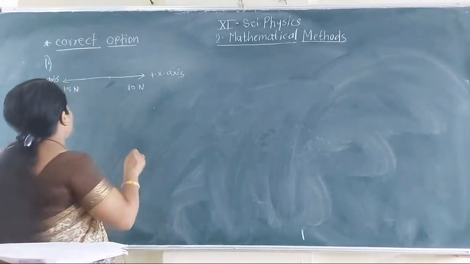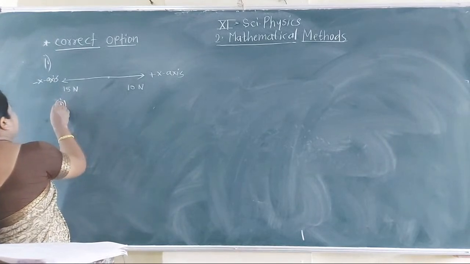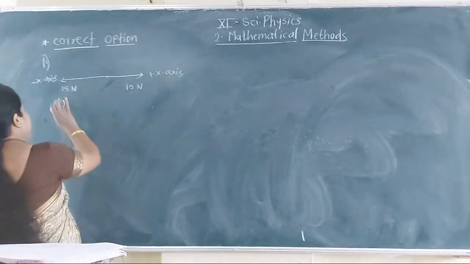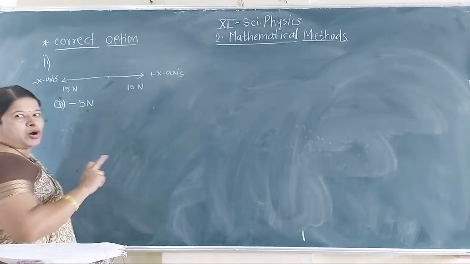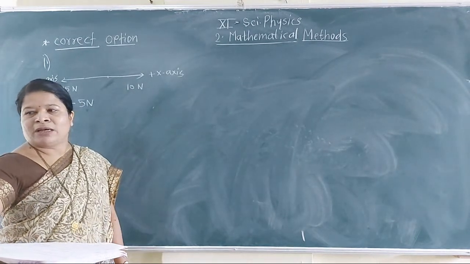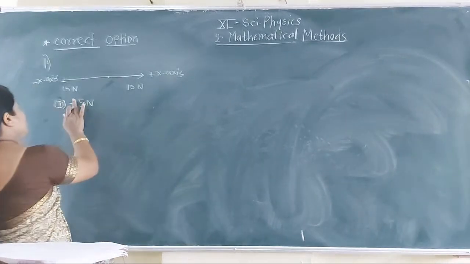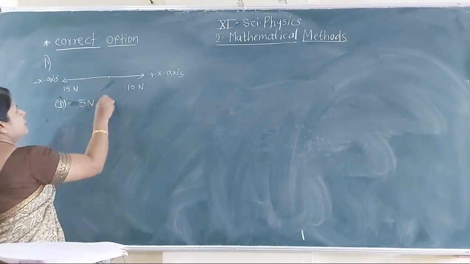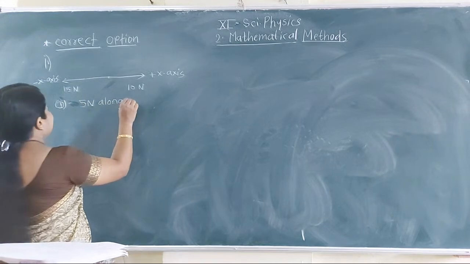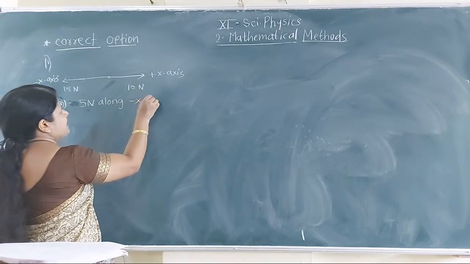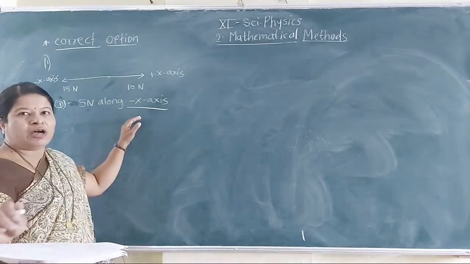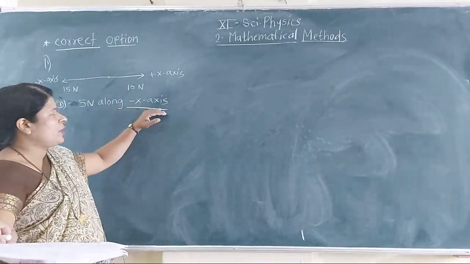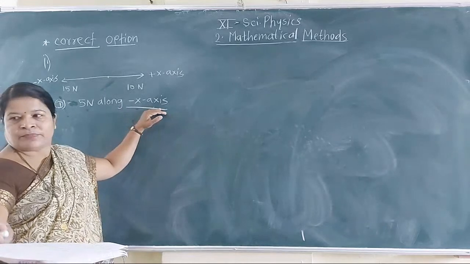The answer of this first MCQ is negative force, minus 5 Newton, or 5 Newton along negative x-axis. Option number 3, 5 Newton along negative x-axis.